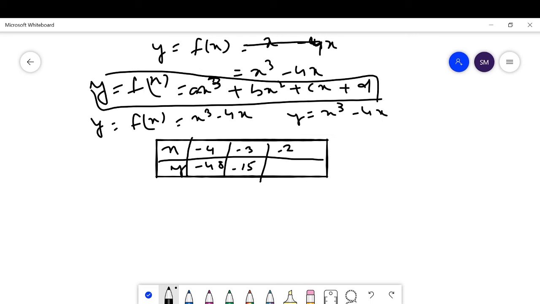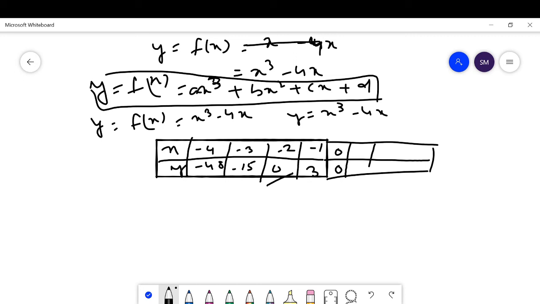When we take x equal to minus 2, we get y equal to 0. When we take x equal to minus 1, we get y equal to 3. Just extend the table. When we take x equal to 0, we also get y equal to 0. Mark how many times it cuts the x-axis. Here when y equal to 0, it cuts at minus 2, 0 and at 0, 0, meaning at the origin.